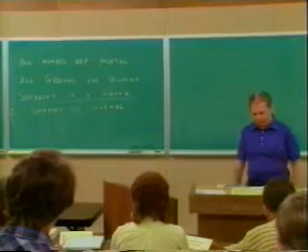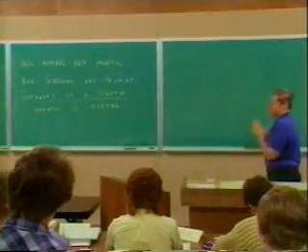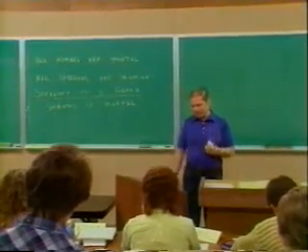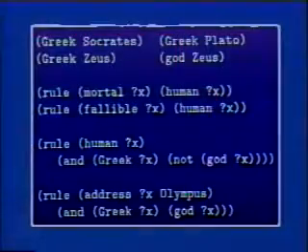Let's compare that with a classical logic database. Right, so here's a classical logic database. Socrates is a Greek, Plato's a Greek, Zeus is a Greek, and Zeus is a god. And all humans are mortal.